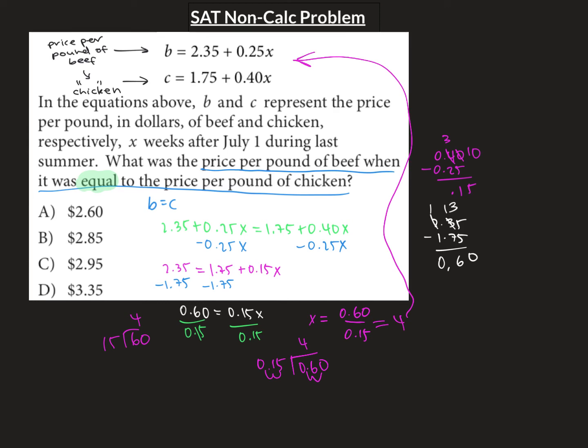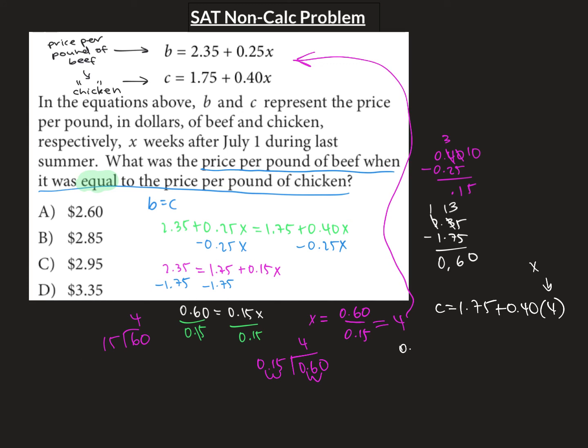Now that we sub it into our equation, we have to find what the price per pound of beef or chicken was. So in this case, you can sub it into either equation. So let's go ahead and do that. So now let's just sub it into our C equation. C is equal to 1.75 plus 0.40 times 4, which is our x value.